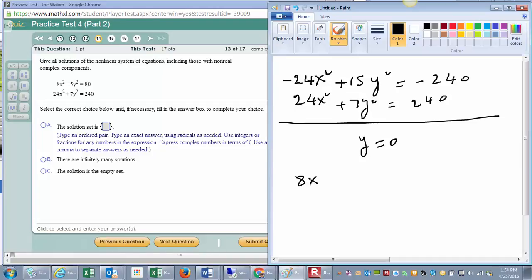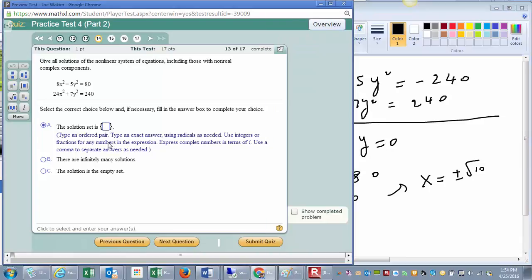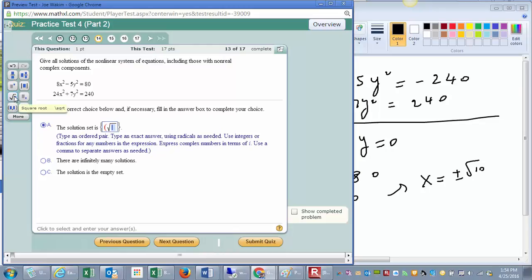I'm substituting in the first equation. So x squared, 80 over 8 is 10, and x would be plus or minus square root of 10. So here we have two solutions. Let's do also ordered pairs: square root of 10, comma 0, and minus square root of 10, comma 0 also.